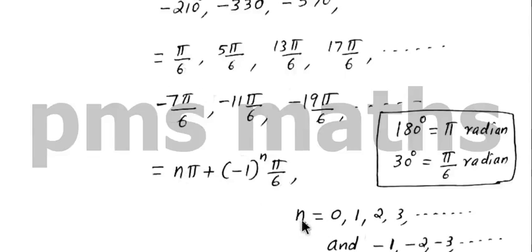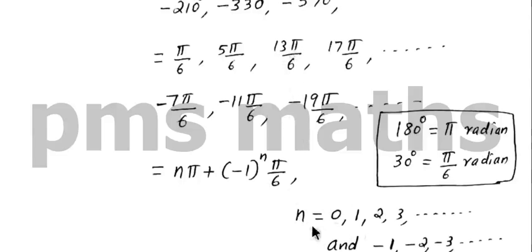Then when n is equal to 1, here 1 pi, and minus 1 whole raised to 1 is nothing but minus 1. Minus 1 into pi by 6 is minus pi by 6. Pi minus pi by 6 is nothing but 5 pi by 6. Then substitute n is equal to 2. We get 13 pi by 6.